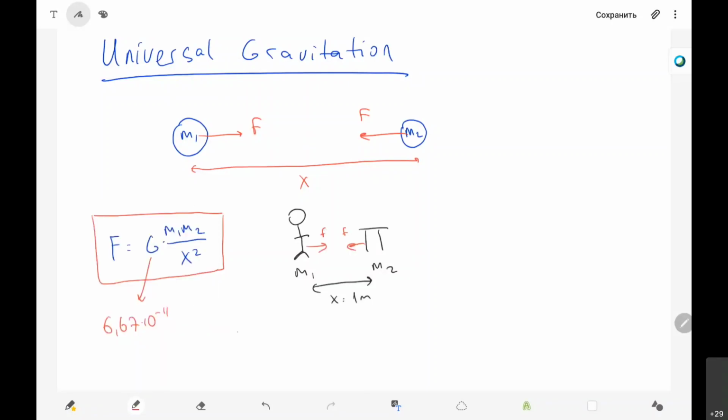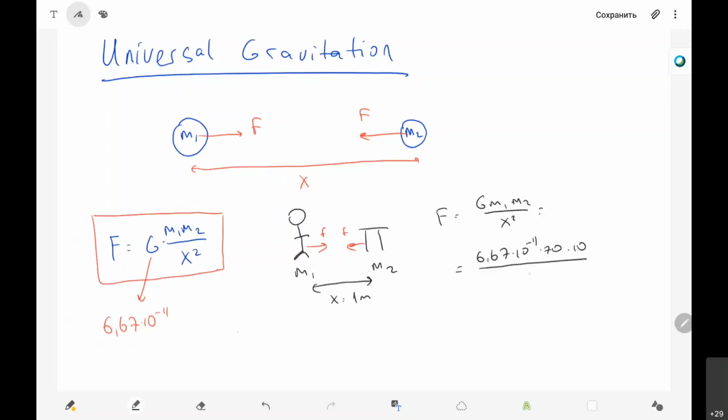So let's find this force. F equals G constant, mass of me, mass of table, over the distance squared. Constant 6.67 times 10 to the power of minus 11. What is my mass? Approximately 70 kilograms, for example. Mass of the table, let's say 10 kilograms.